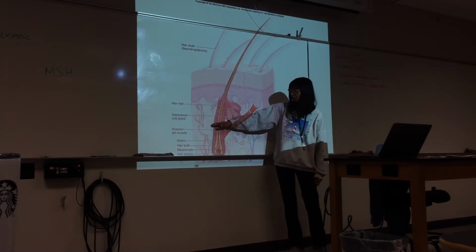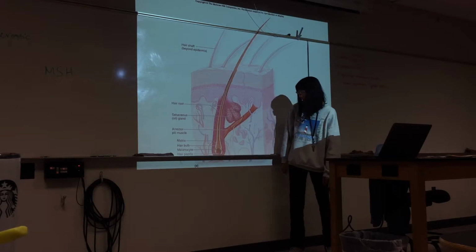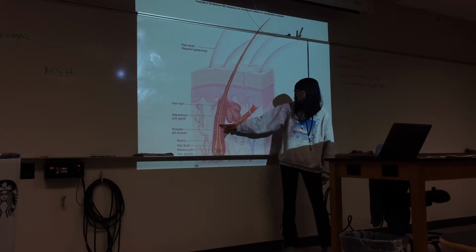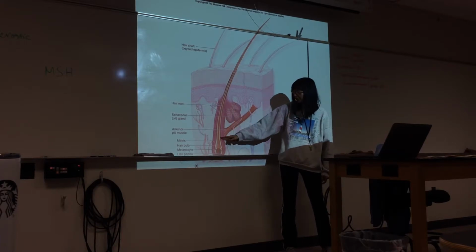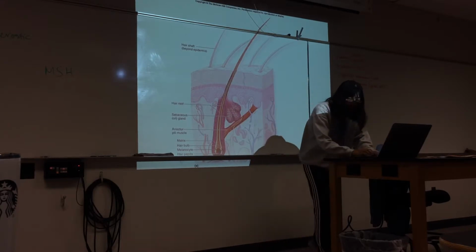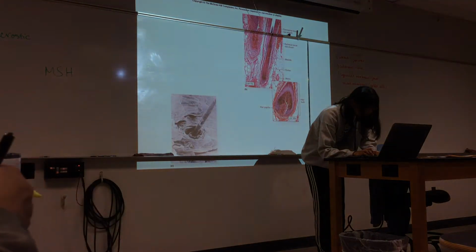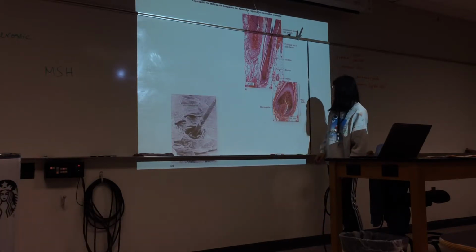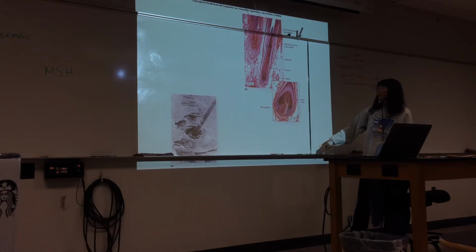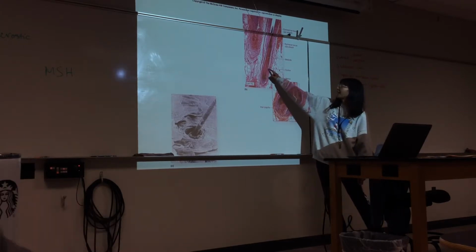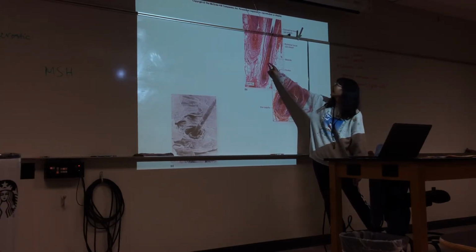What do you need to know? Let's cross-section a hair. Innermost is the hair matrix. And then you have the cortex. Let me see, maybe there's a better picture. So innermost is the matrix, and you have outer cortex, inner medulla.